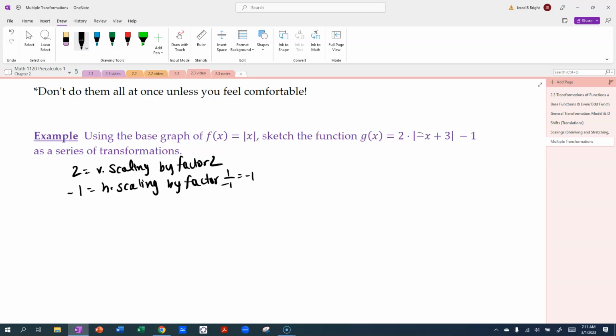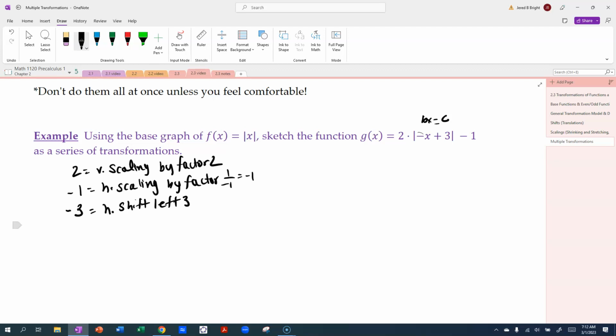And then 3 is actually a negative. Remember the general transformation model was bx minus c. So -3 is a horizontal shift left 3 units.